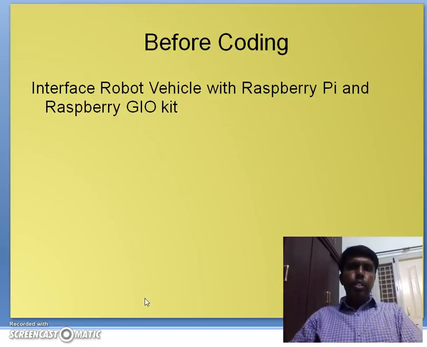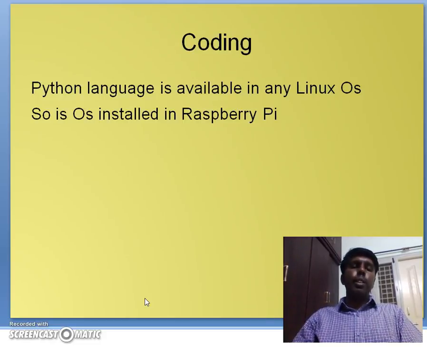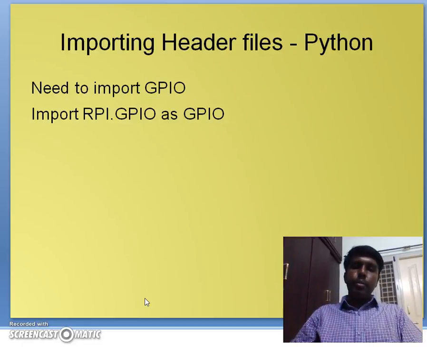And before going into the coding, you should know how to connect this robot vehicle with the Raspberry Pi and the Raspberry Pi graphical input-output kit. For coding, the Python language is available for any Linux OS. As we have already discussed, we are going to install a Linux OS on this SD card, so obviously it is going to have Python inside.